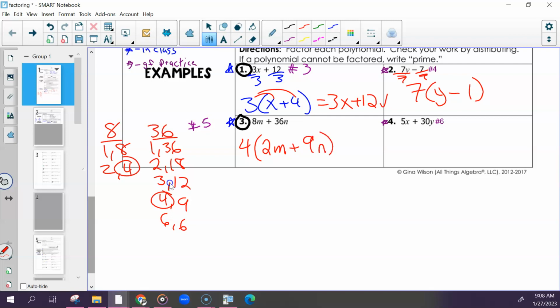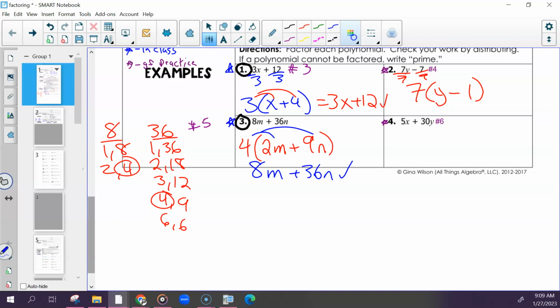Doesn't hurt to check yourself, especially when you start getting more variables, more terms. I'm going to multiply this back out just to make sure. 8m, 36n, that works. Number 4. I'm not going to write out the factors. I want you to find it.